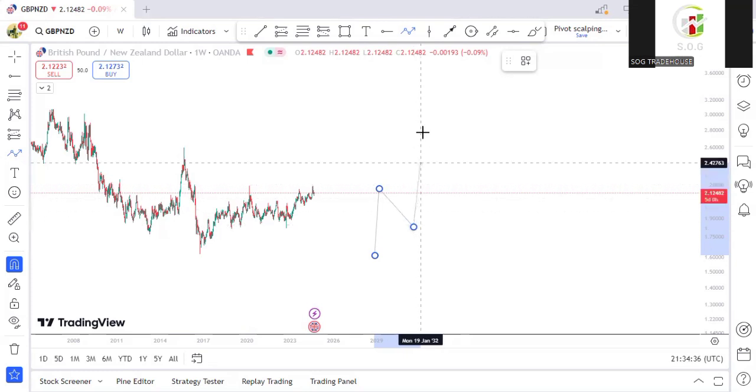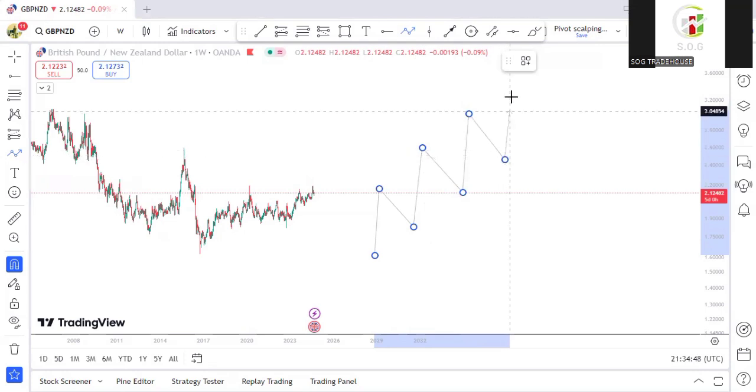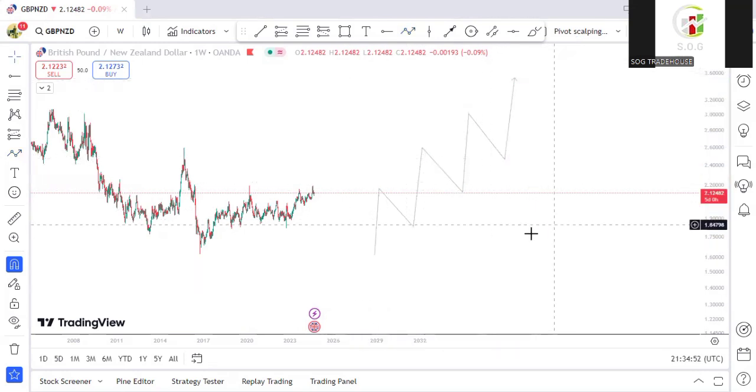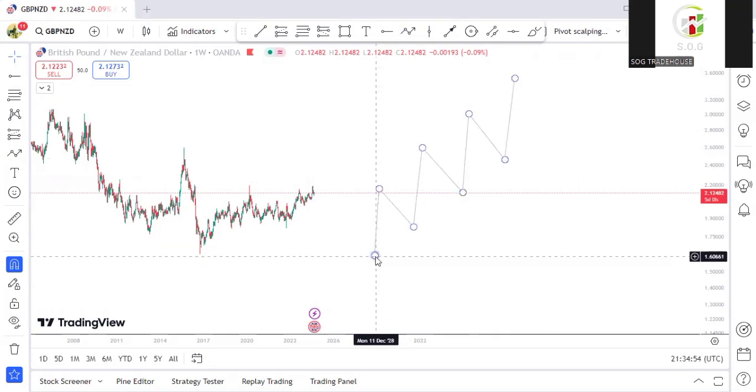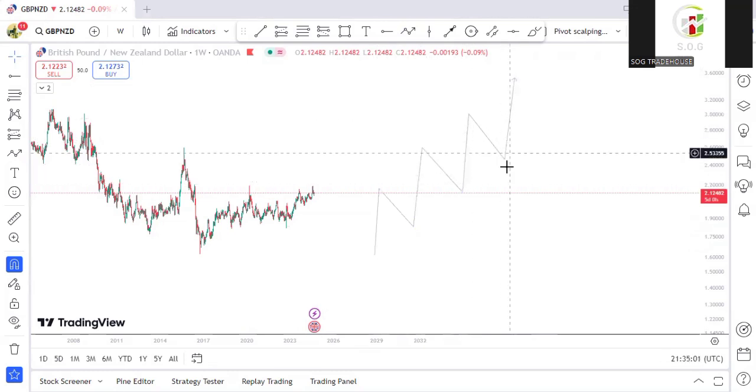And we have a higher low and higher high, higher low, higher high. So basically, when the market is trending up, we'll get a series of higher lows and higher highs.